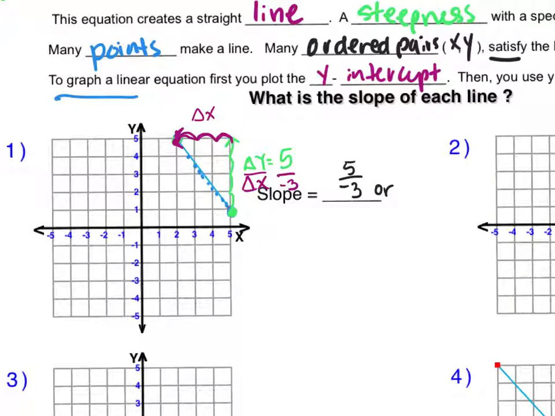Or what's the opposite of this slope? Keep your numbers the same. If this was positive and this was negative, now this is negative and this is positive. Wouldn't that be the opposite? That would mean going down, but to the right. Let's see. Going down. 1, 2, 3, 4. Did I miss something? How did I get 5, guys? 1, 2, 3, 4.